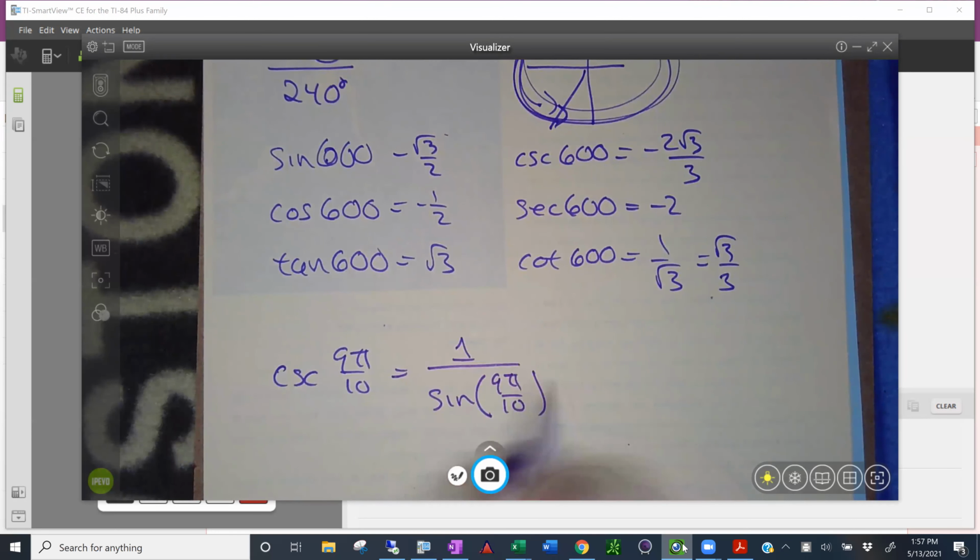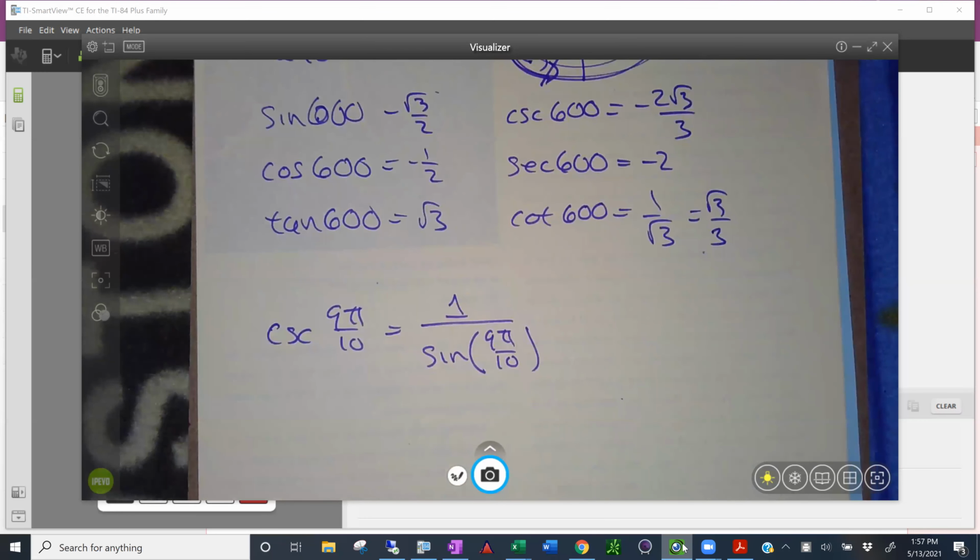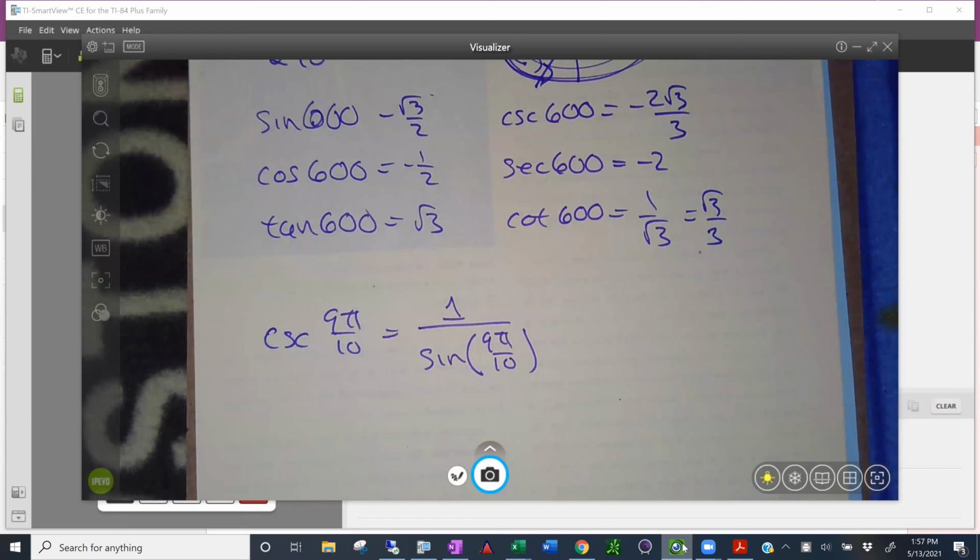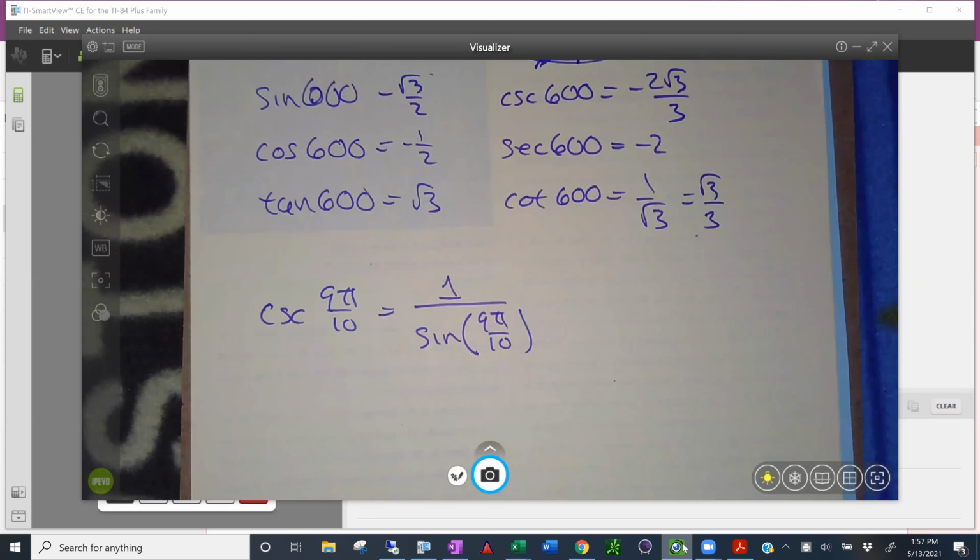So if you're stuck and you have to do something like this, use 1 over the sine. What mode should my calculator be in? Radians or degrees? Radians. Yeah, thanks, Reagan. It's going to be in radians, not degrees.